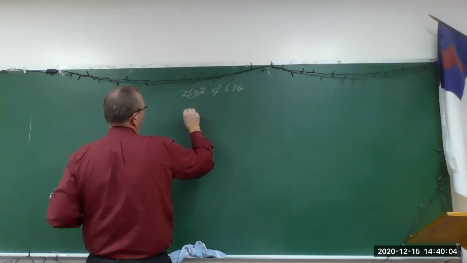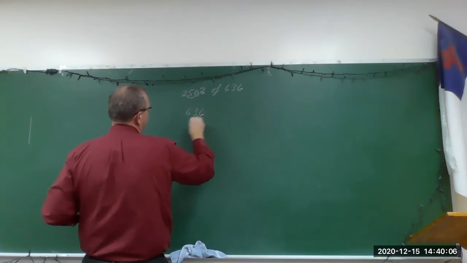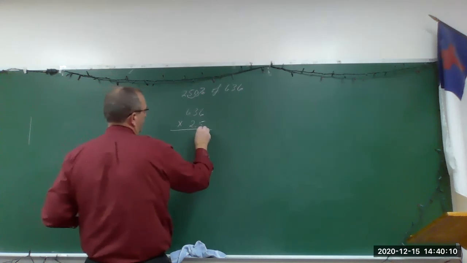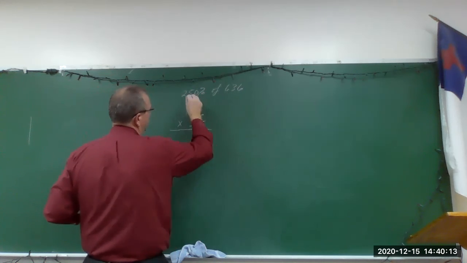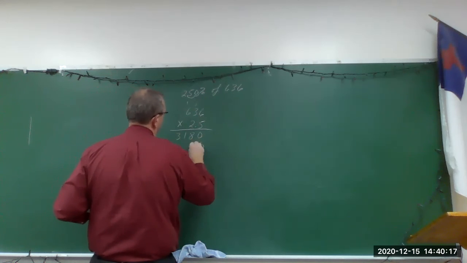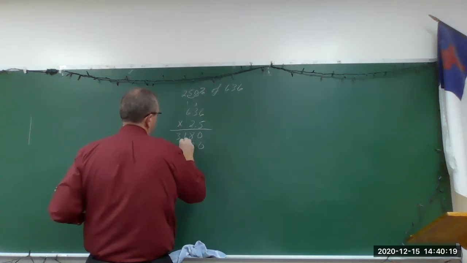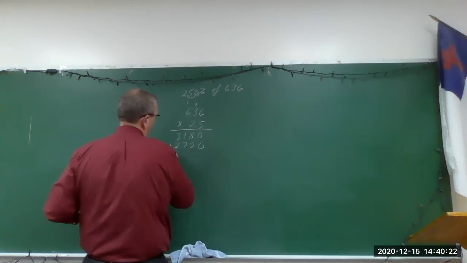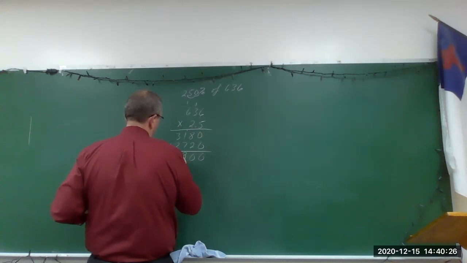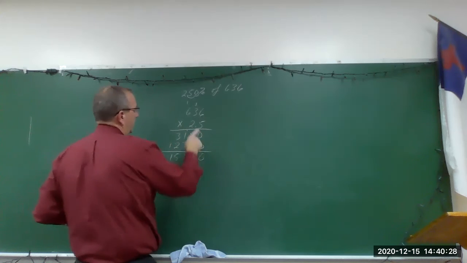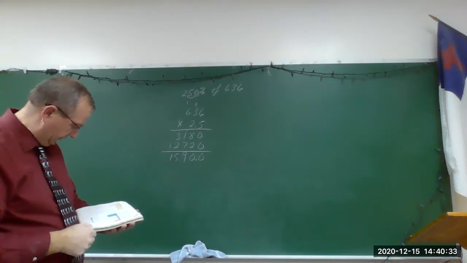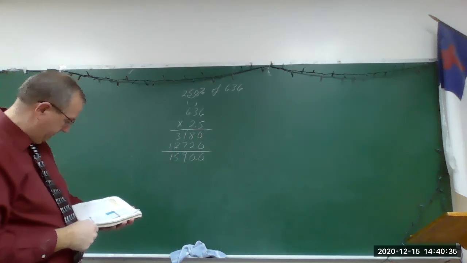So you wind up with 636 times 2.5. And 1 decimal place, so 1,590 is your answer there. Okay.